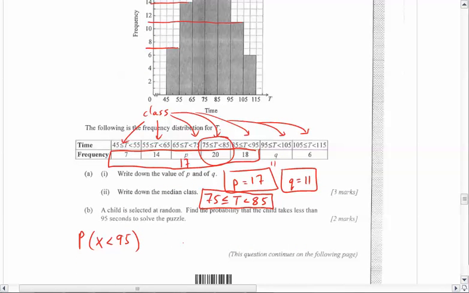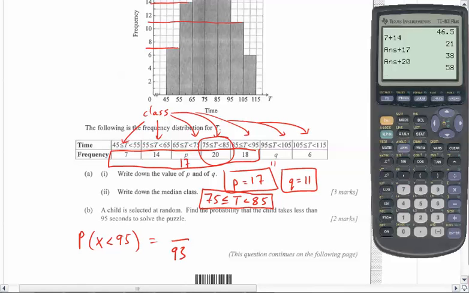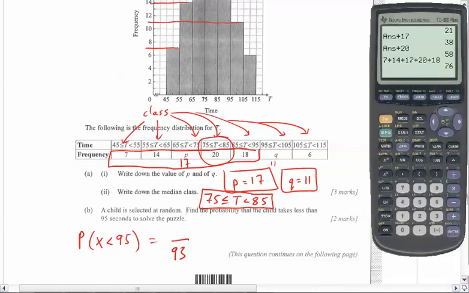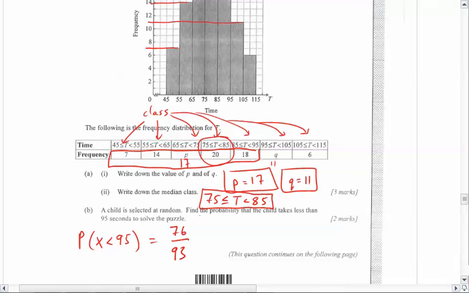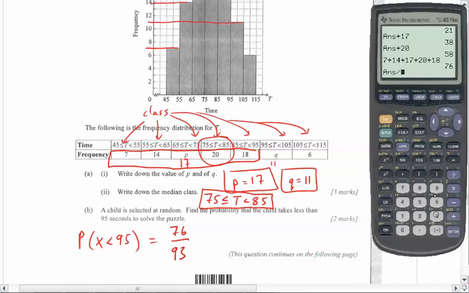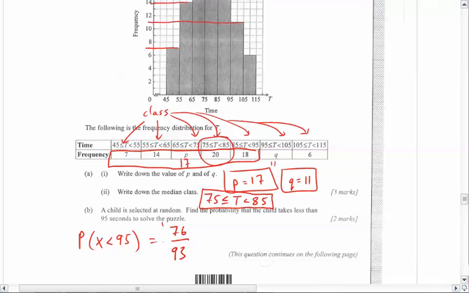So the total is out of 93. And the number of them that are less than 95 seconds is 7 and 14, 17, 20, and 18. Total of 76 out of 93. That's simplest form.